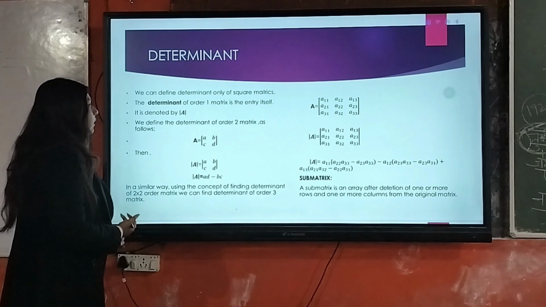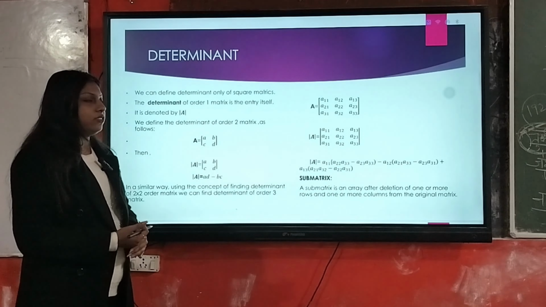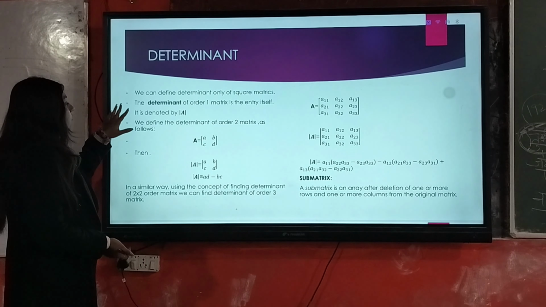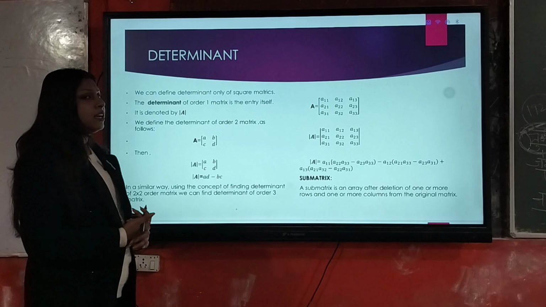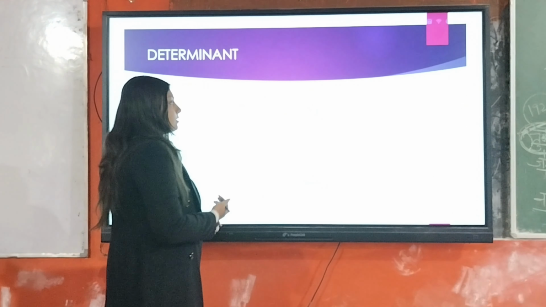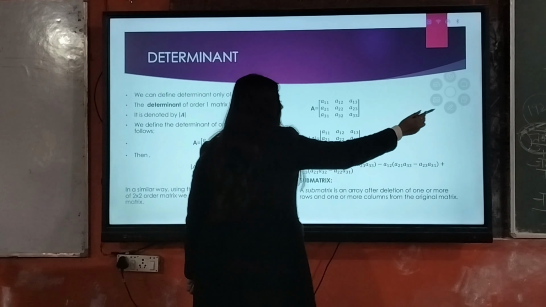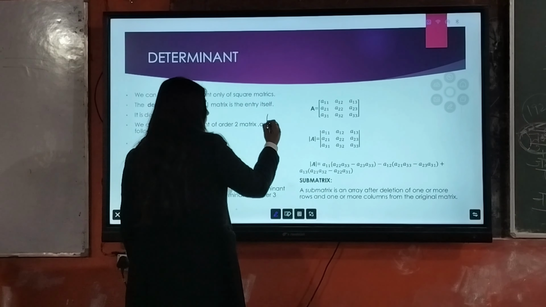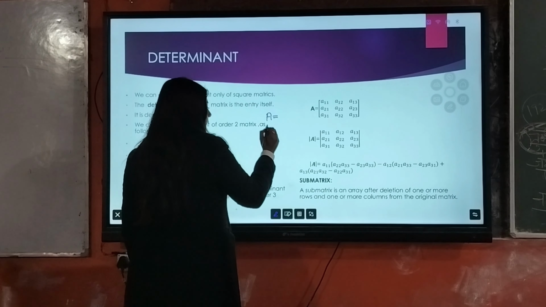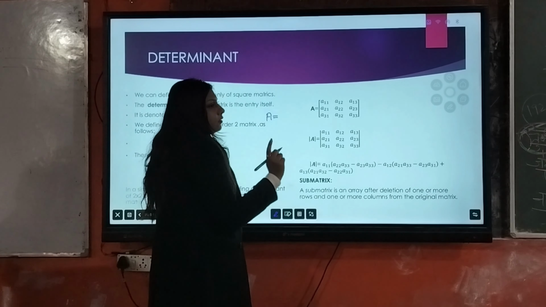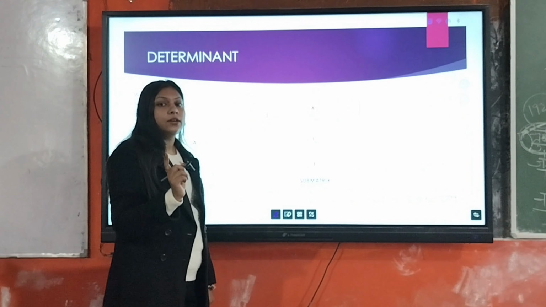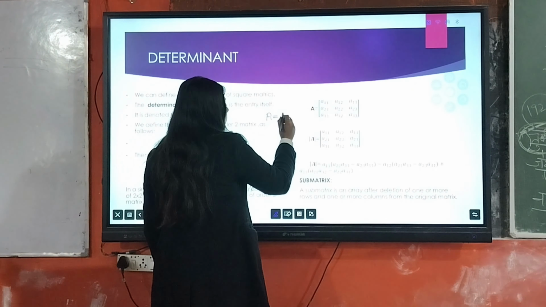So we can only find the determinant of square matrices. Now, the determinant of an order 1 matrix is the entry itself. Order 1 matrix means if we are taking matrix A, the number of columns and rows is equal to 1.